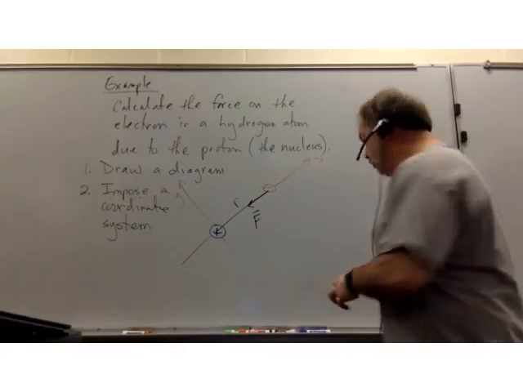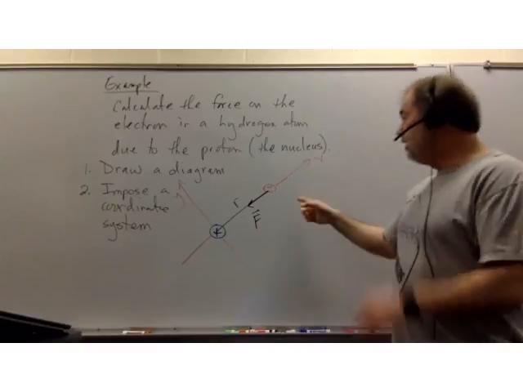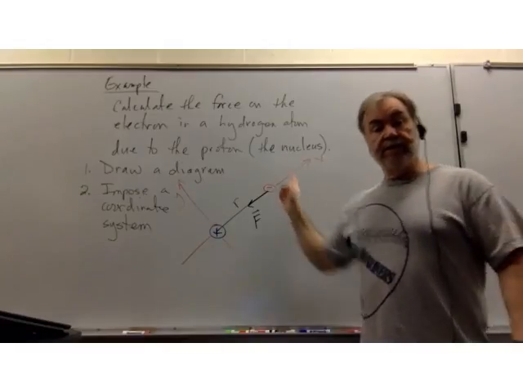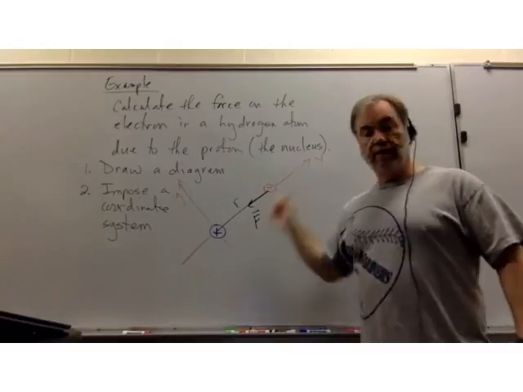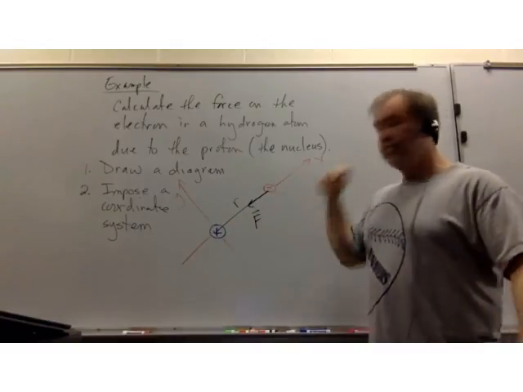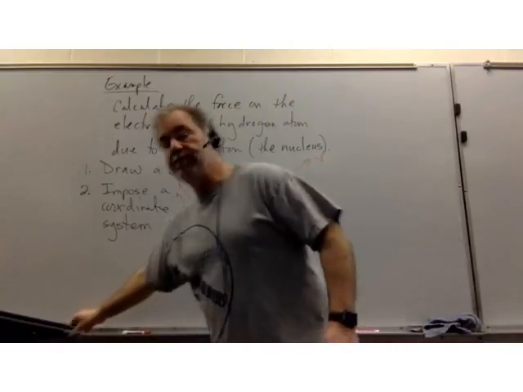Kind of a peculiar angle, but there's no harm in it. Remember, we've caught the electron at one single instant in time. The electron is actually orbiting all over the place at a fixed radial distance from the proton, so there's no harm in choosing my coordinate system like this.